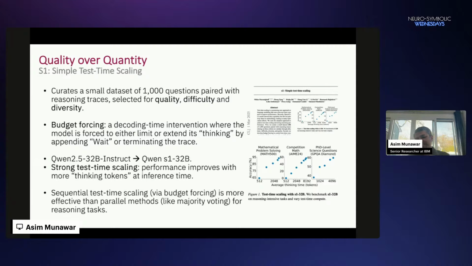And if they think the model is trying to answer too quickly, they can ask the model to keep thinking. But overall, this paper showed that quality is a lot more important, instead of talking about how many millions, or how much data is required, whether human curated or not.